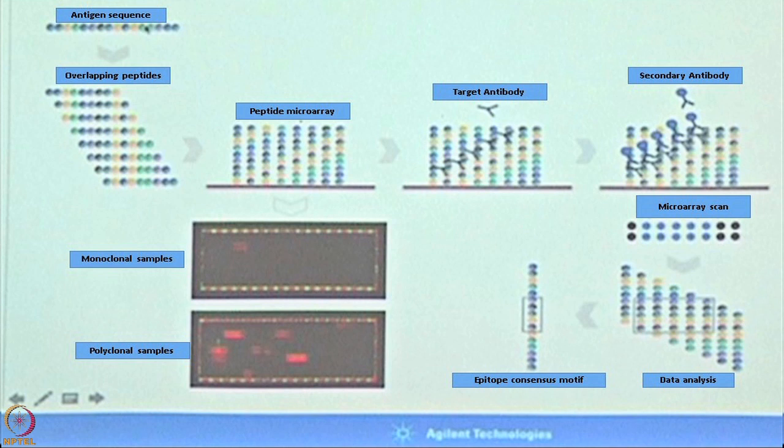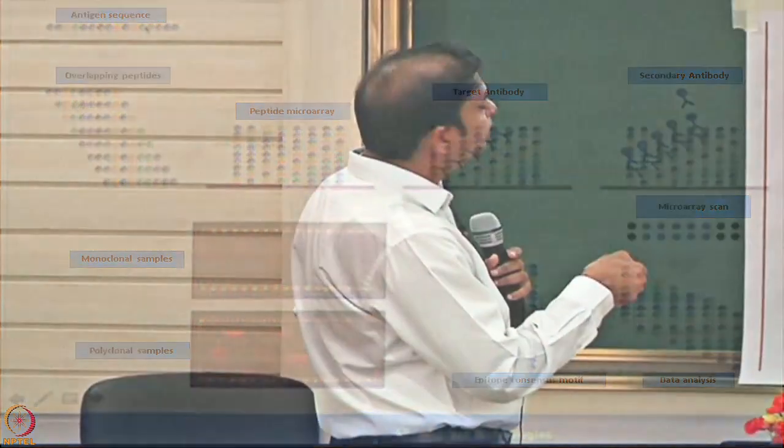What they do is make overlapping peptides of this antigen's sequence. So these are the antigen sequence and the overlapping peptides. They make overlaps, and these overlapping peptides are synthesized on this peptide array.